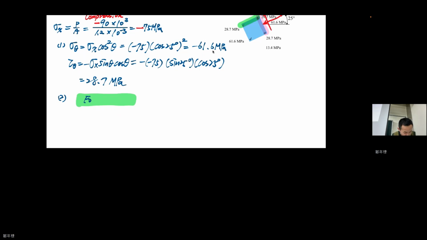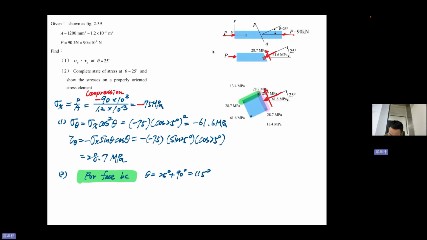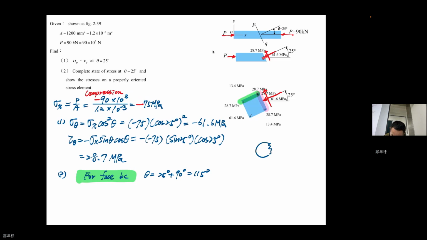For face BC, this surface, theta equals what? 25 degrees plus 90 degrees, 115 degrees. So now our focus is on the green surface. And then you need to look at this green surface like this one, this guy.